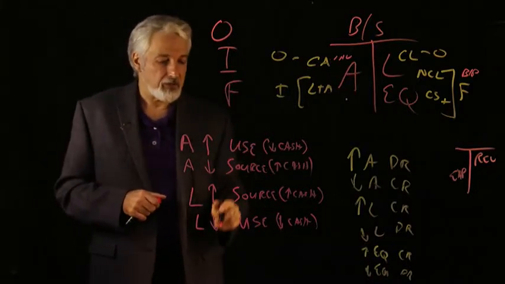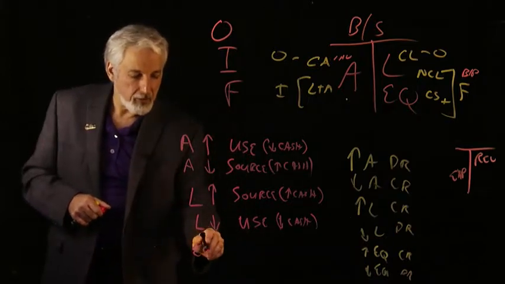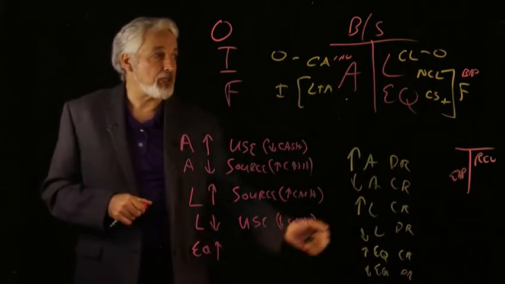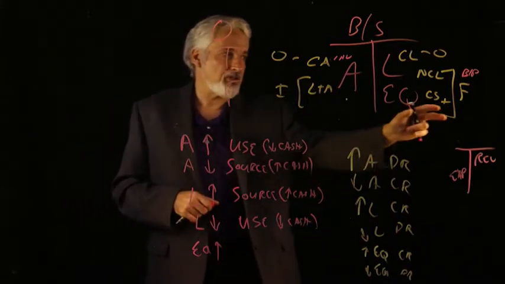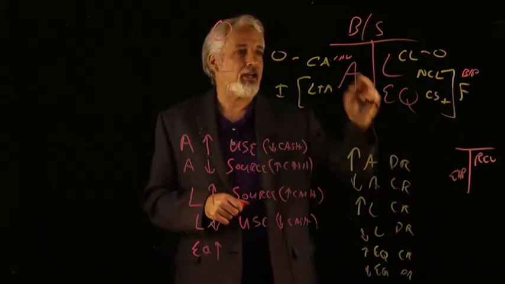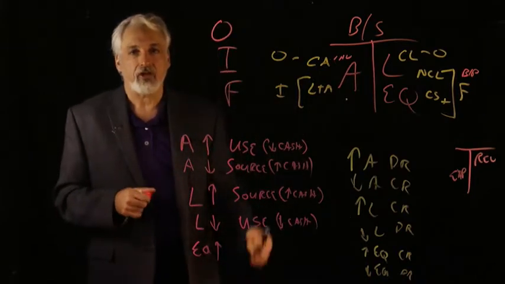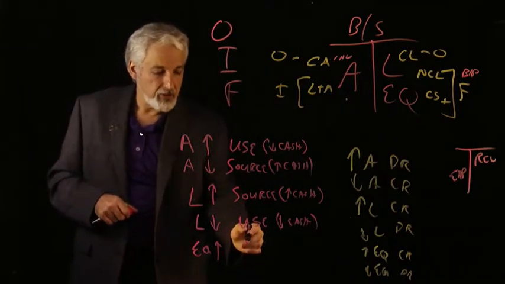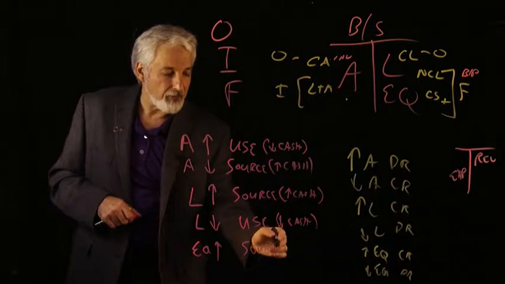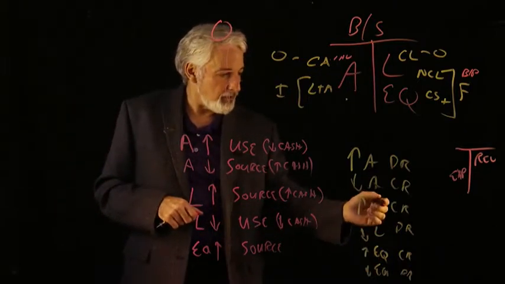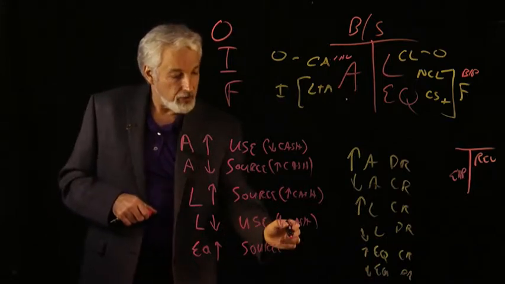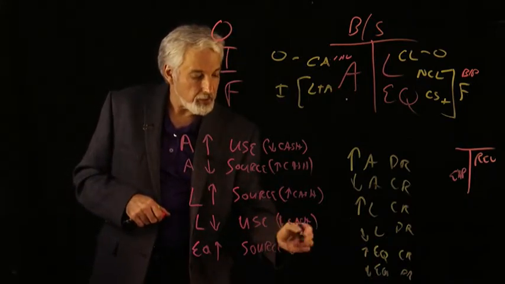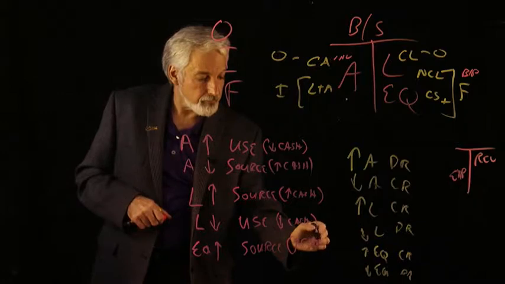How does that work in equity? Well, I got equity. I'm going to increase equity. I'm going to issue more stock. I'm going to sell more stock. Well, I sell $100 million in stock. I get $100 million in cash, or stock and additional paid-in capital. So just like our debit credit form, yeah, it's the same thing here. Liability credit, equity credit. Yeah. Liability source, equity source.